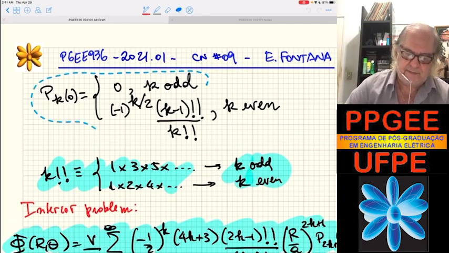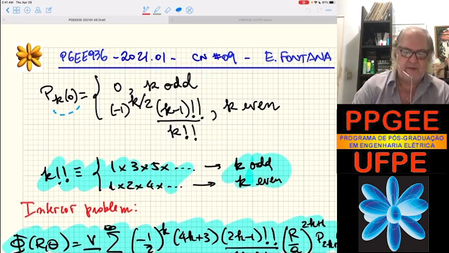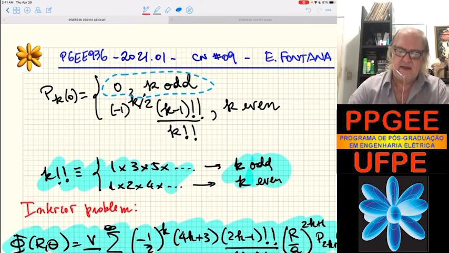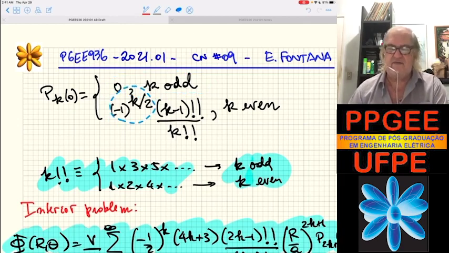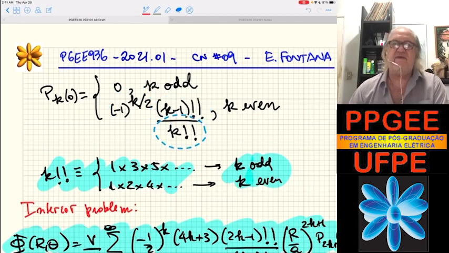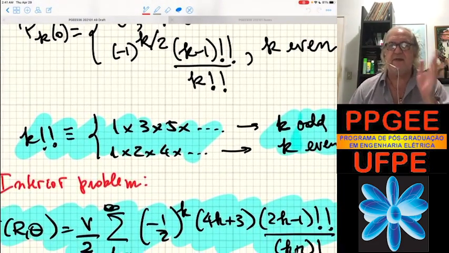So I can show that the Legendre polynomial of order k at the origin is only non-zero for k even; for k odd it equals 0. And it's given by this funny expression here, minus 1 raised to k over 2, which can be even or odd, and you have this double factorial function, which by definition is a factorial in which the numbers jump in steps of 2.